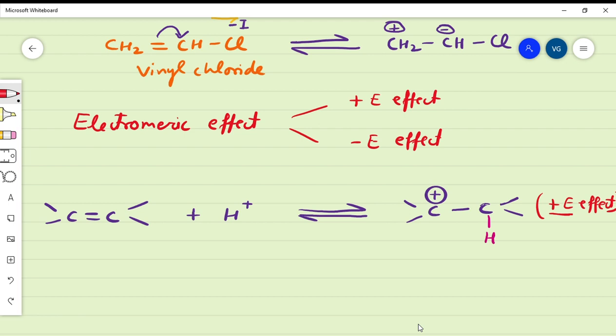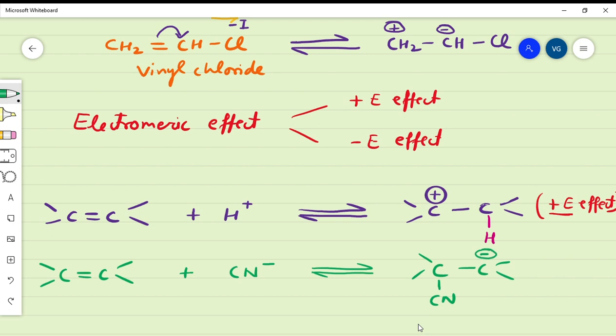Okay, in the same way, let me discuss the minus E effect. So let me write the reaction first. Here suppose it is attacked by CN negative. So in this situation the product is like carbon CN with negative charge.